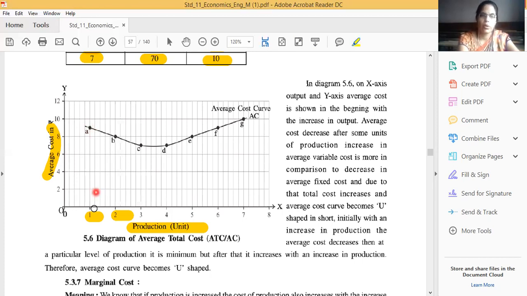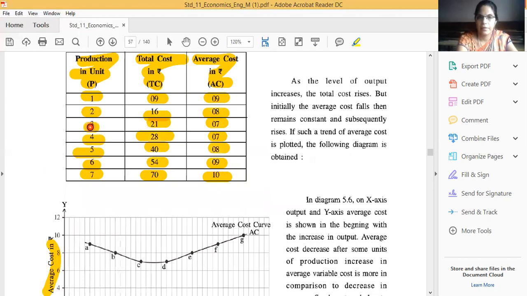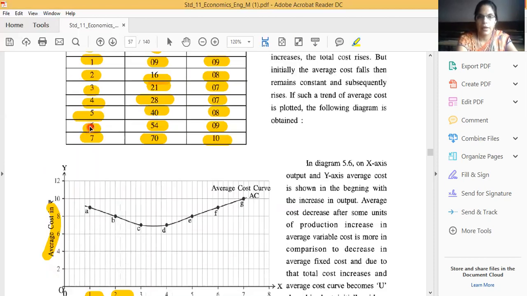When production is 1 unit, average cost is 9, then 8, 7, this one 7, again 7. When 4 units are produced, then it is 7. So it is the U shape, okay?